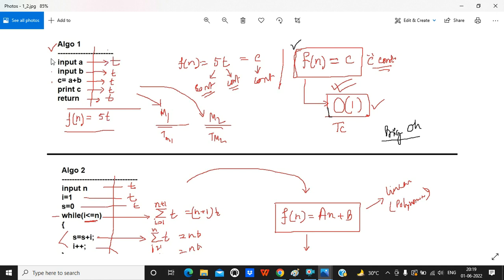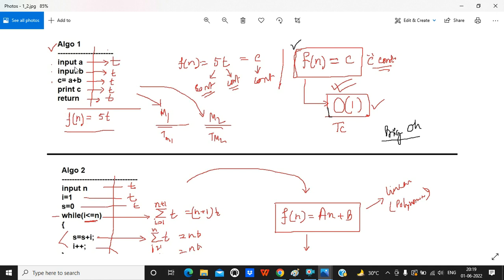Suppose this algo has 5 statements, so it will have 5t time. Now 5 is constant by itself, and t is also constant for a particular machine. Because we have already considered that for a particular machine, each statement will be executed by a constant amount of time, and that is t.